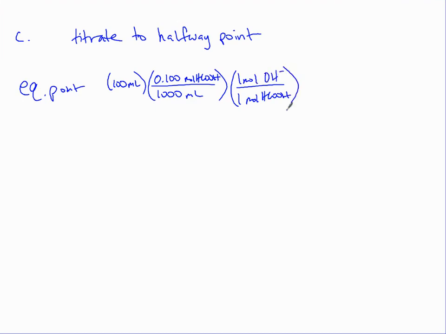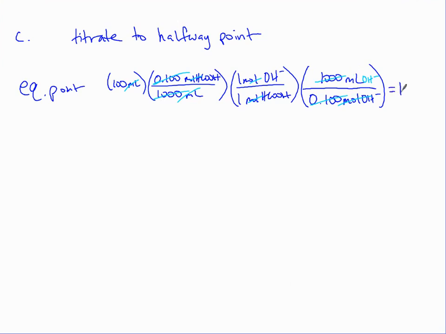Again, the potassium is a spectator, we can completely ignore potassium. Then the concentration of the hydroxide, 0.1 moles of hydroxide for every liter or 1,000 milliliters. If you look, there's a lot of units that cancel, and a lot of numbers that cancel too: 0.1, 0.1, 1,000, 1,000.